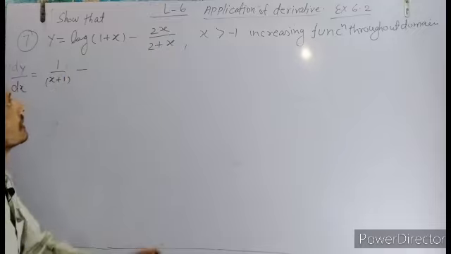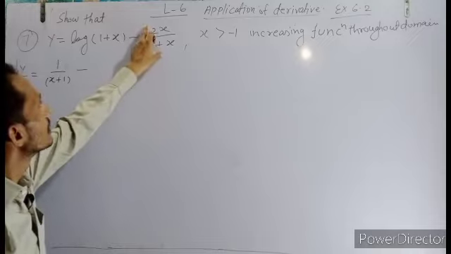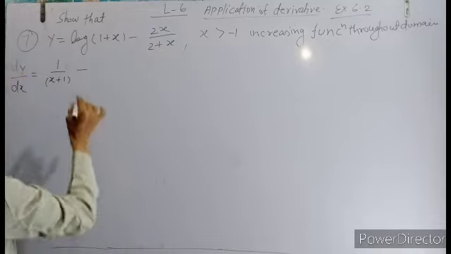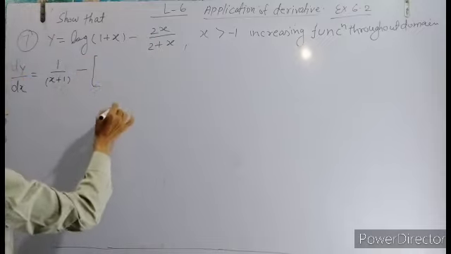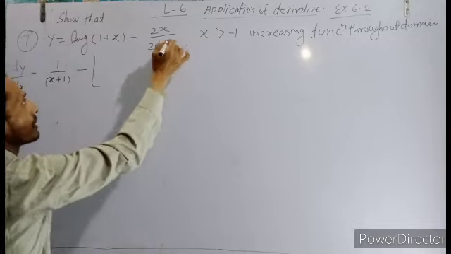That you have to differentiate by the quotient rule. How can we find it? What is the quotient rule? We have the numerator and denominator.